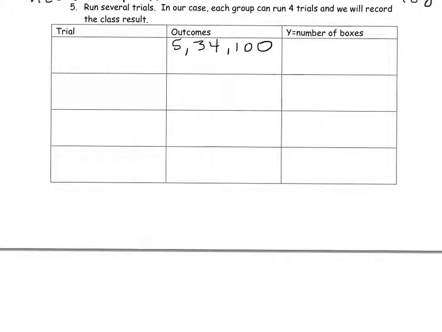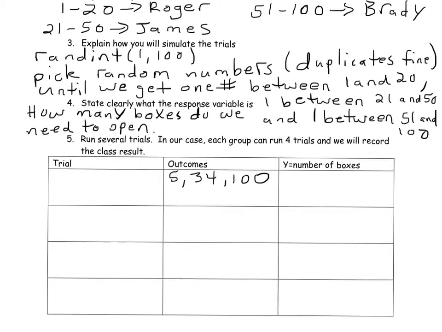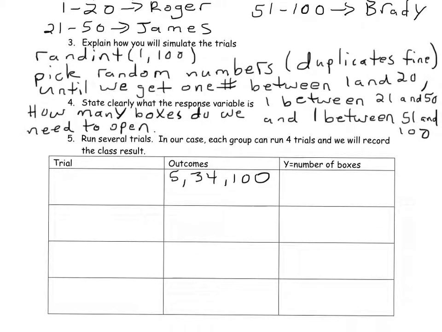That was quick, because if I scroll up here, that 5 corresponds to getting a Federer, the 34 corresponds to getting a James, and the 100 corresponds to getting a Tom Brady, and I'm done. It took me 3 boxes of cereal to get each of the 3 athletes. So that was trial number 1.